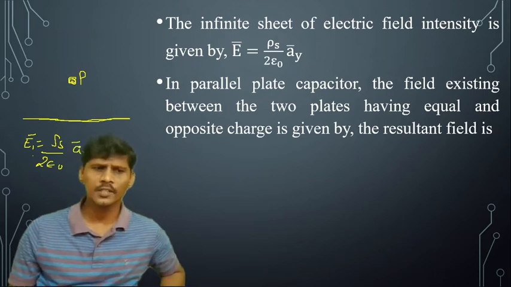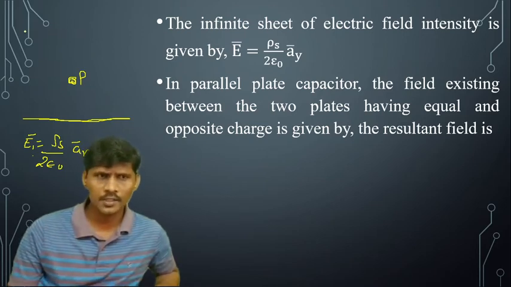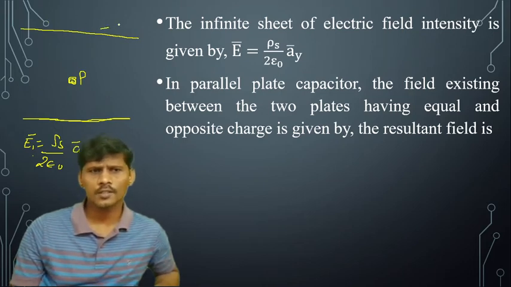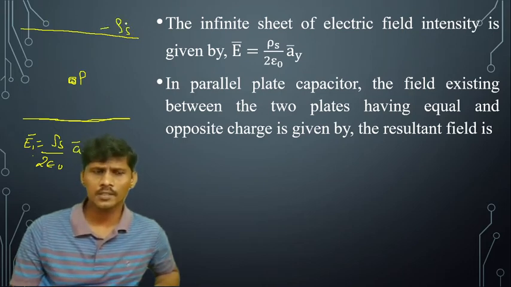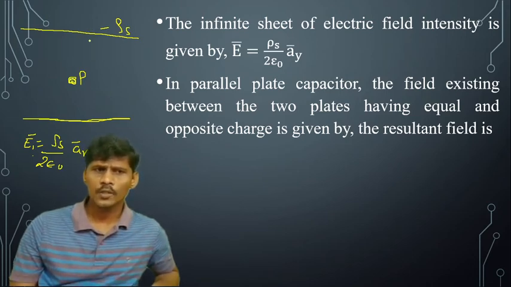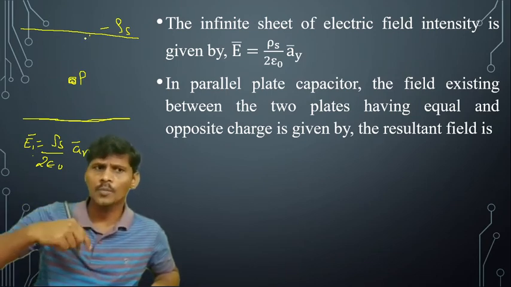in the direction normal to the conducting sheet. And this is the second conducting sheet, whose charge density is minus rho s or minus sigma coulombs per meter square. This point P is downward to this conducting sheet. Because of that, the unit vector is in the downward direction, so that is the opposite direction.